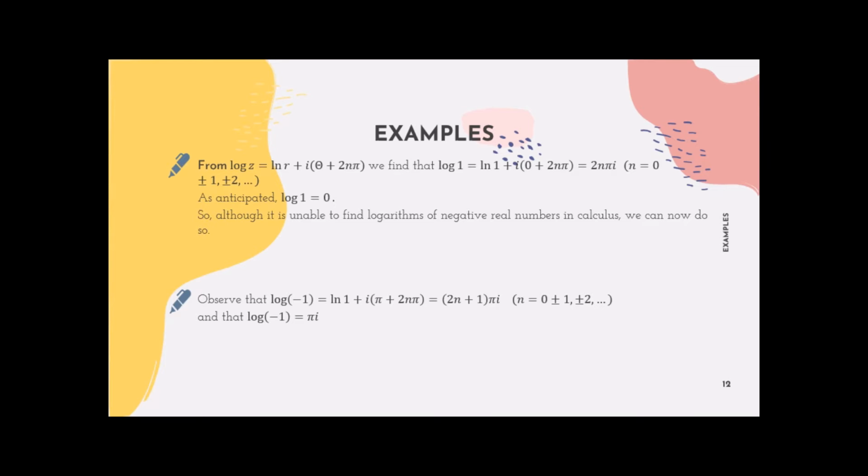So although it is impossible to find logarithms of negative real numbers in calculus, we can now do so. For the last example of the logarithmic function, observe that log(-1) = ln 1 + i(π + 2nπ) = (2n + 1)πi for n = 0, ±1, and so on, and that Log(-1) = πi.